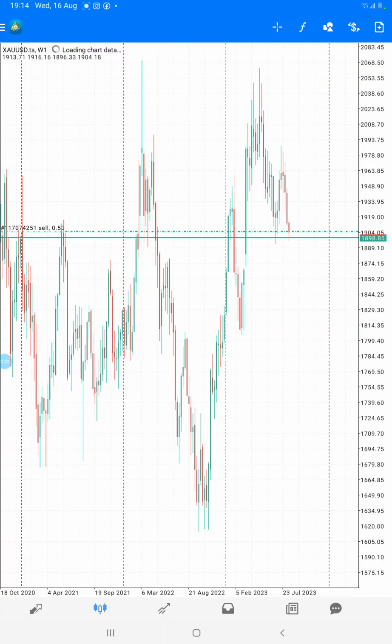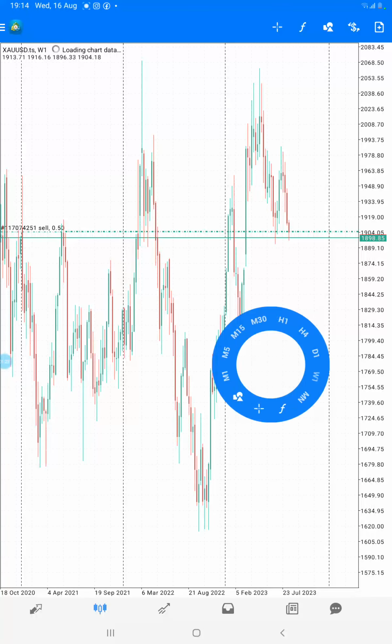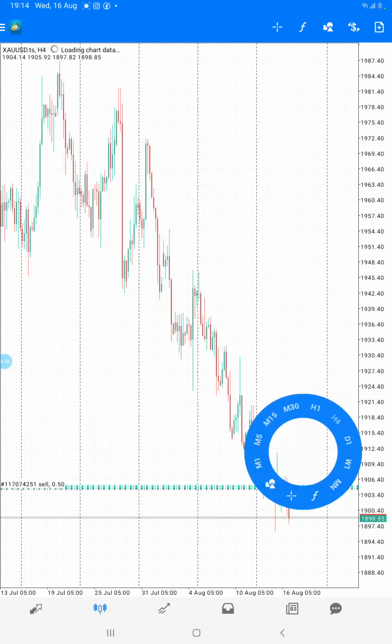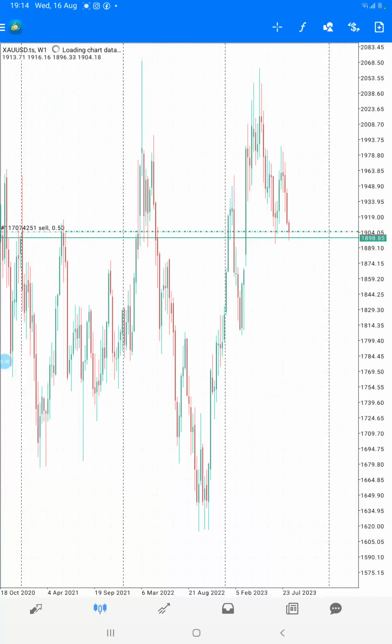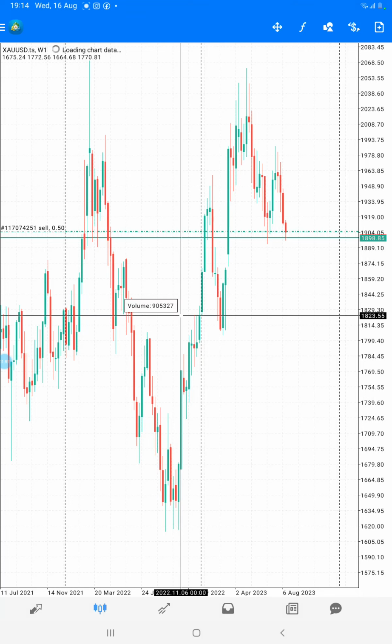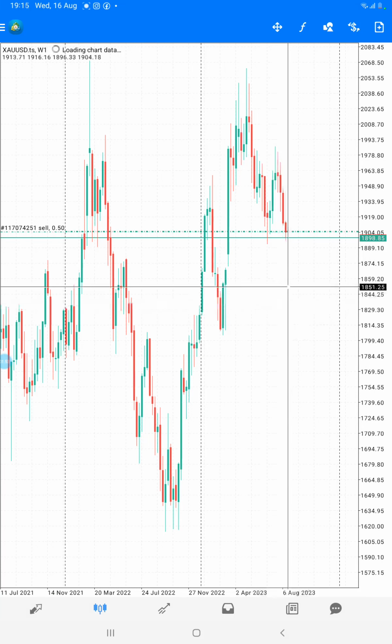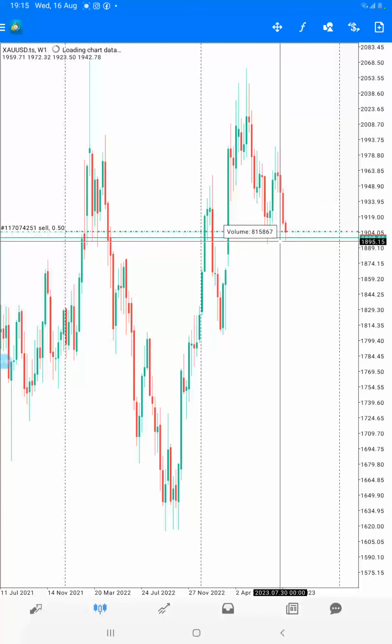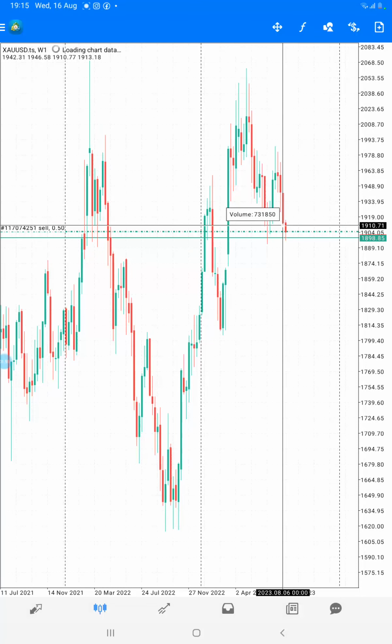we check exactly what happened on the previous week. So if you can check here, this bar alone represents what happened 5 days back, last week.